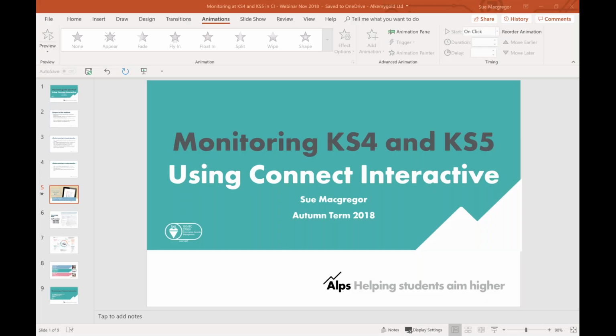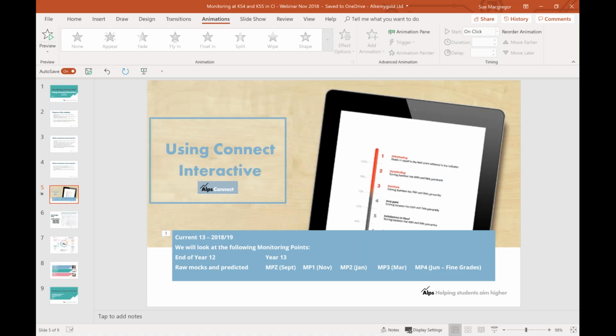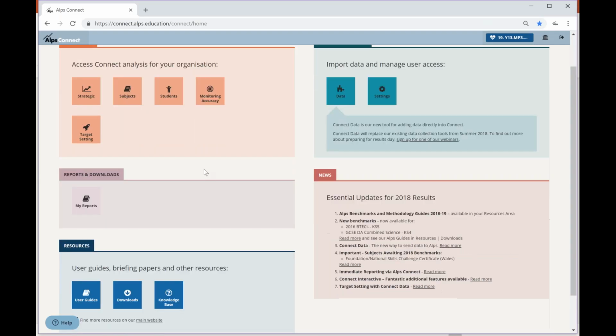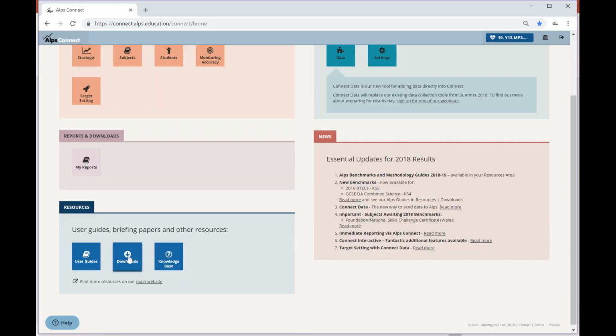Now, before we pop into this bit, which is the Connect Interactive part, I'm just going to scroll down and show you these 3 blue boxes, particularly those 2. The downloads has got the Alps guides in.